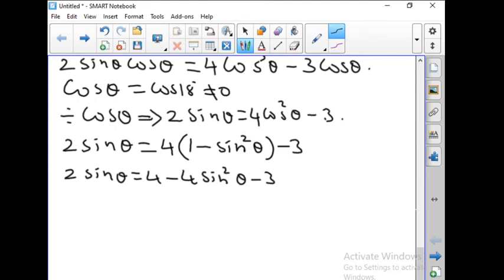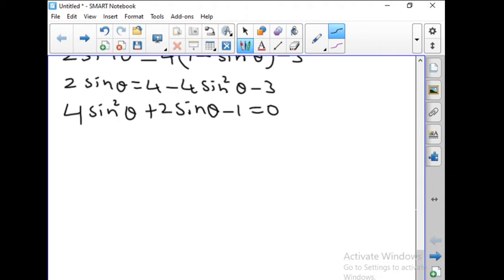So bringing to the quadratic form, from the left hand side you bring everything to the right hand side: 4 sin square theta plus 2 sin theta. 4 minus 3 is plus 1. When you bring this side, it is minus 1 is equal to 0.